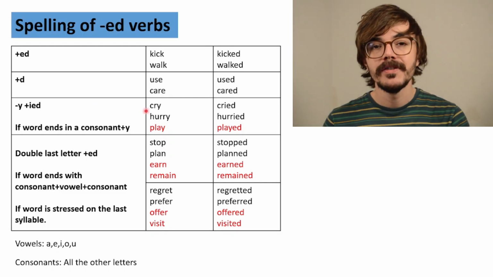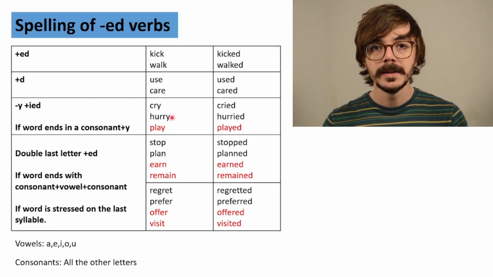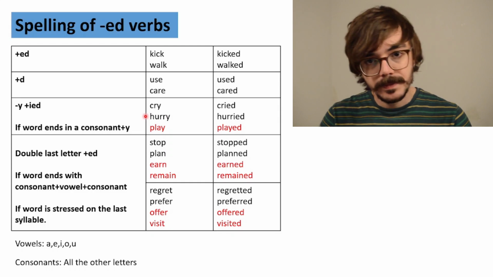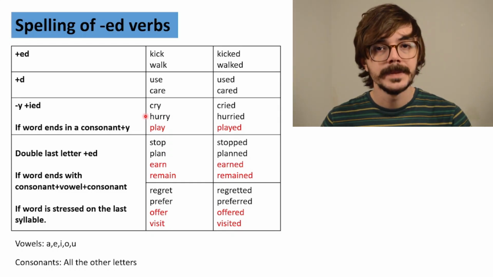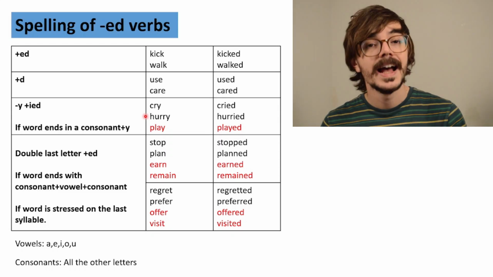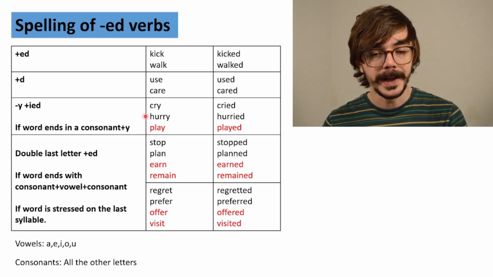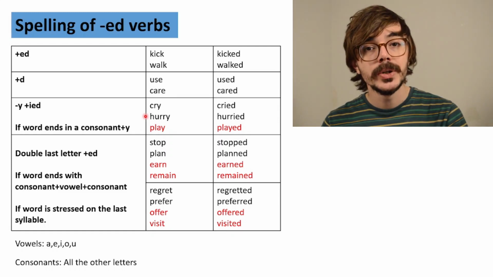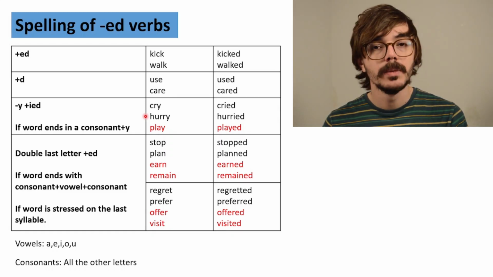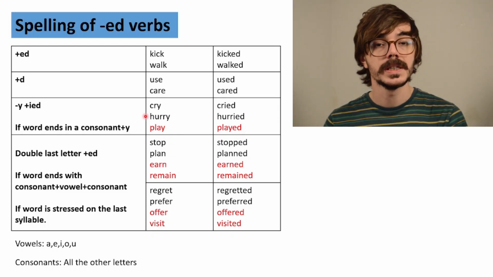Now, if you have a verb that ends in a Y, like cry or hurry, to go fast, hurry. Both these verbs end in a consonant and then a Y. C-R-Y. H-U-R-R-Y. They both have an R before the Y, which is a consonant.